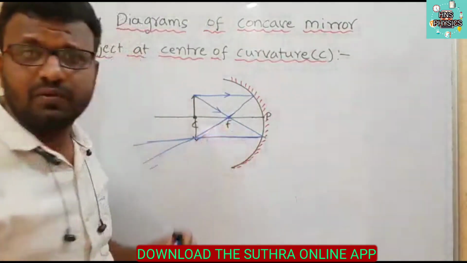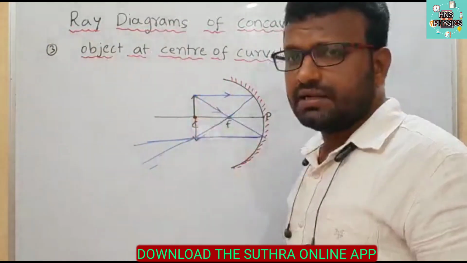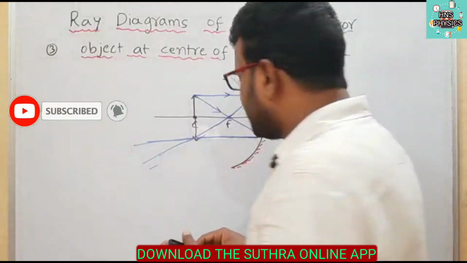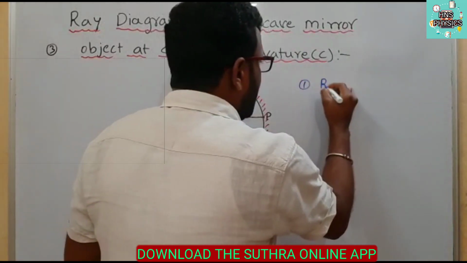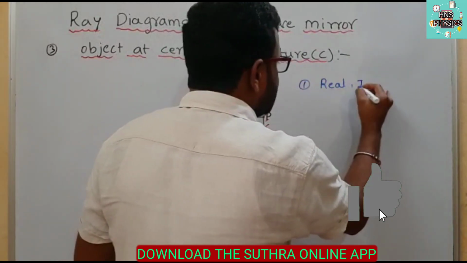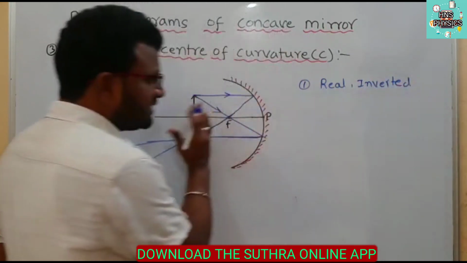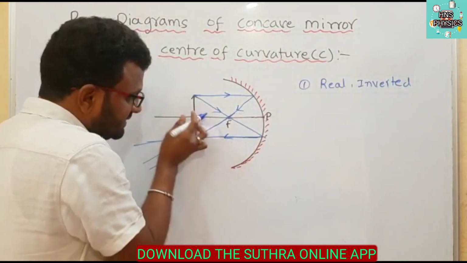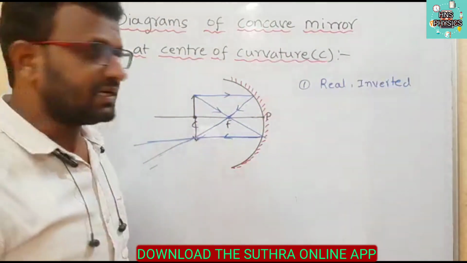Here the object is located at the center, and the image is also formed at the center of curvature. So the nature is real, inverted, because the image is formed outside the mirror only.